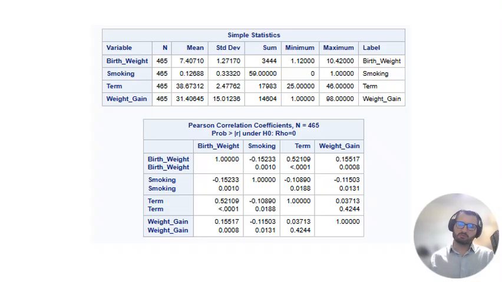Other things we might want to look at for outliers might be weight gain that was extremely low, like 1 or 2 pounds versus the average around 30, and extremely high weight gain, like 80 pounds or more.